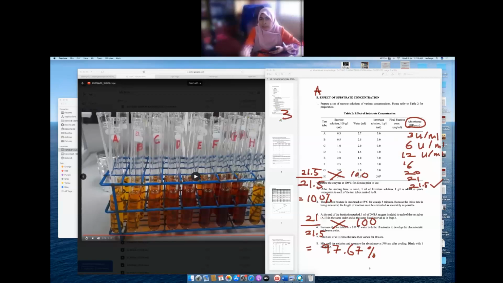It will be 3 divided by 21.5 multiplied by 100, which is 13.95, so about 14%.